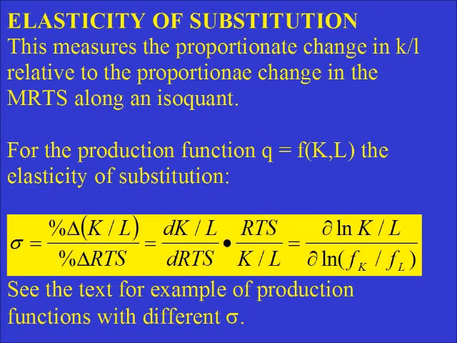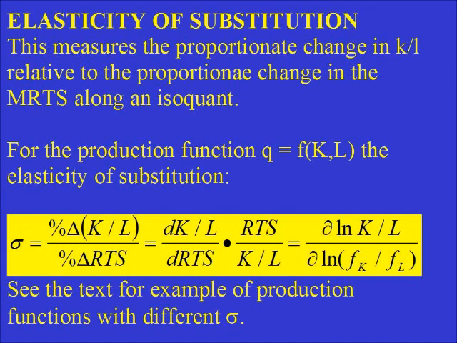That's sigma, the percentage change in capital over labor, divided by the percentage change in the marginal rate of technical substitution. Since it's an elasticity measure, we can use the elasticity formula that we've used before. That is, take the derivative of capital divided by labor with respect to the marginal rate of technical substitution and multiply that by the marginal rate of technical substitution divided by the ratio of capital over labor.